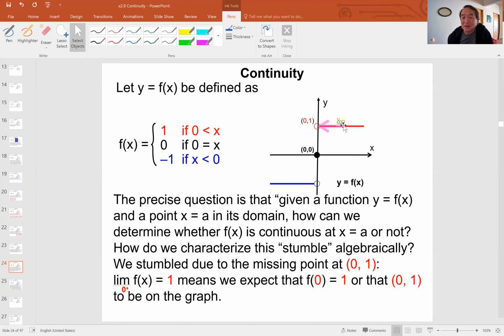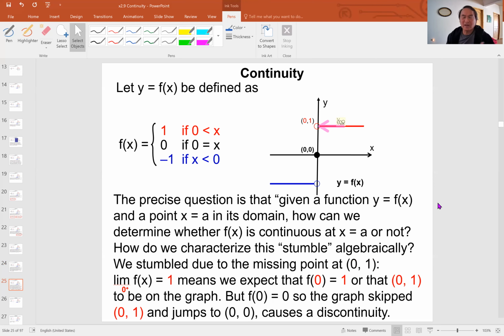The ant expects the limit coming from the right-hand side to be equal to 1. But the function value at x equal to 0 is not 1. Rather, at 0 it is defined to be 0. Therefore, it causes this jump, and that's why it's discontinuous.